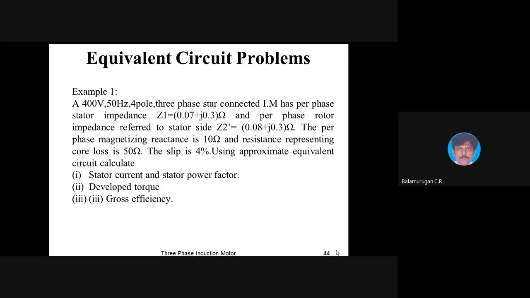So next you can calculate I naught, sorry, I1. So you calculate I naught, afterwards you can calculate the I1. So I naught is equal to V1 by RC plus V1 by jXM. So what is the value of RC and RC given? And the XM is 10 ohm.